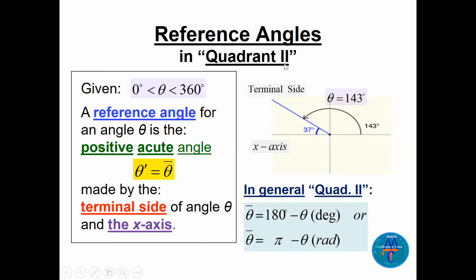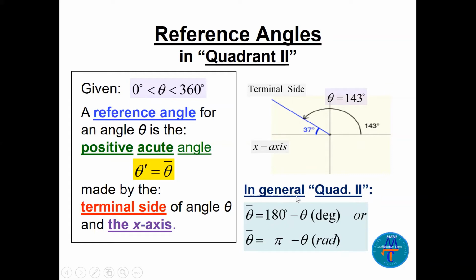Let's say the reference angle in quadrant 2. Suppose we have an angle like this, 143 degrees. That's theta. This is the terminal side, and this is the x-axis. So that's the reference here, always between the terminal side and the x-axis. Never use the y-axis here. Look at the formula, a nice formula.